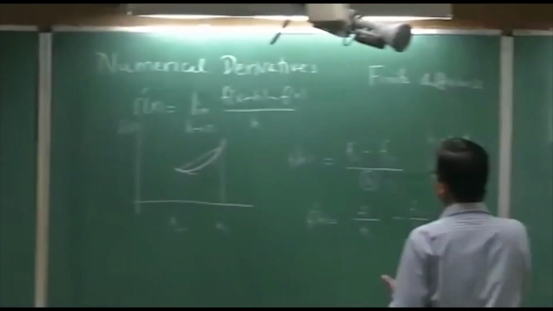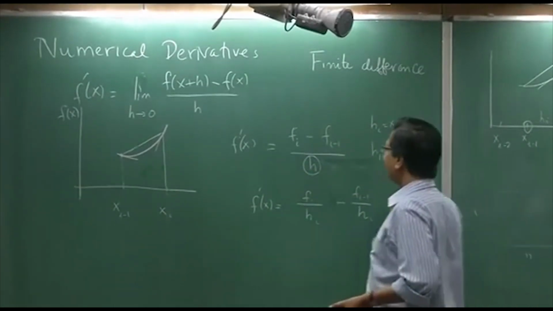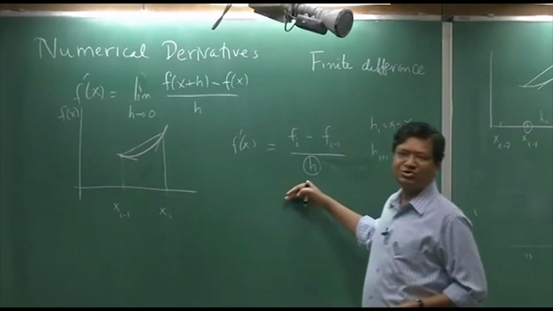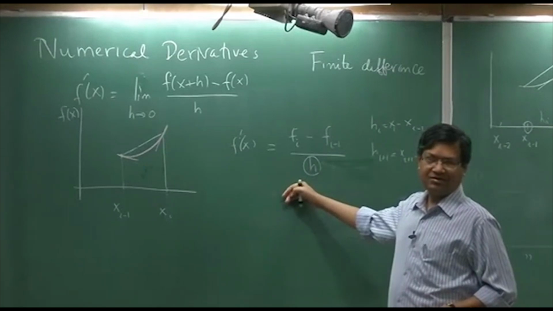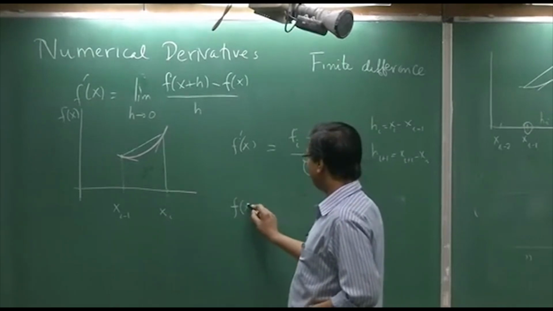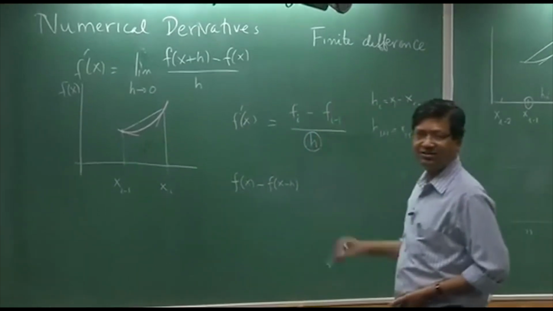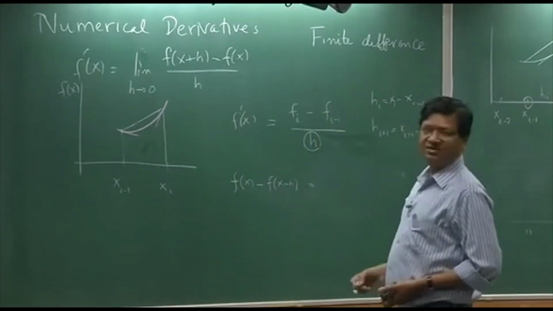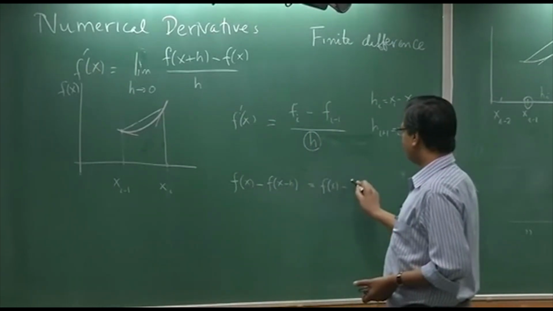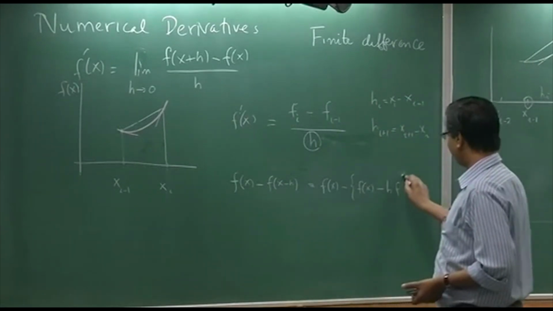So, how do you get the error for this formula? Let us try to estimate how you get the error. Somebody says, well, this is the formula I am using. One simple way to do it is f(x) minus f(x minus h). This is equal to, I use the Taylor series. So, f(x) will remain as it is, minus f(x) minus h f prime of x.